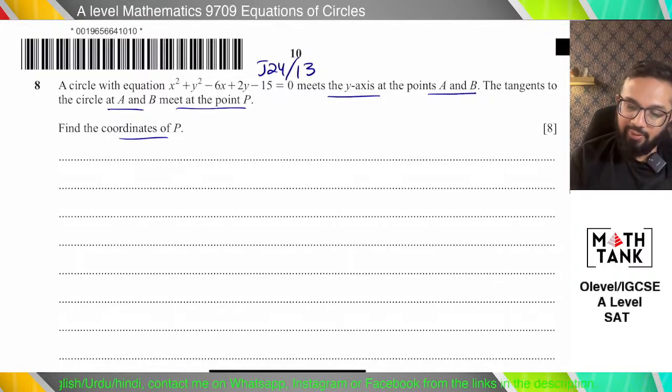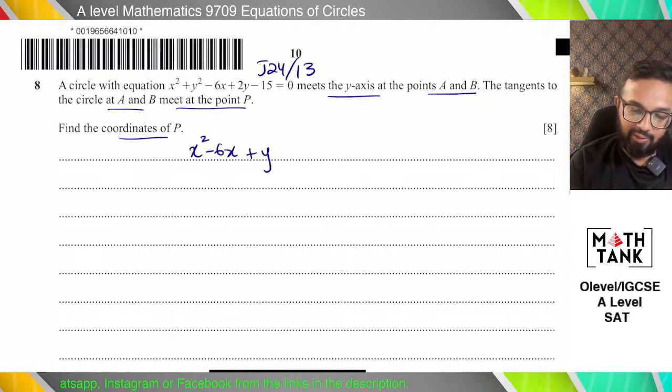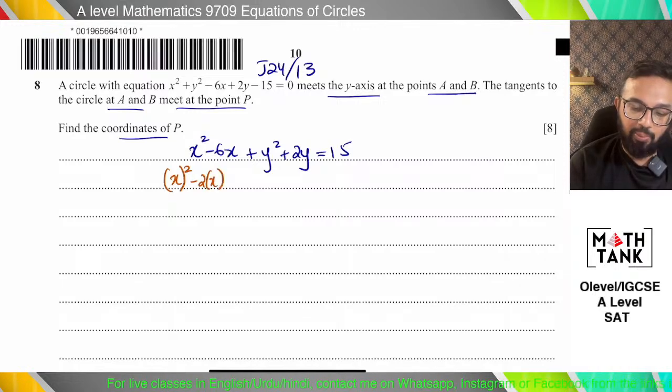Okay, so first I will have to complete the square on this one to find out the center of this circle. As I've told you before, I complete the square by using the idea of a² + 2ab + b². So that's a², 2a b should be 3, so plus 3².